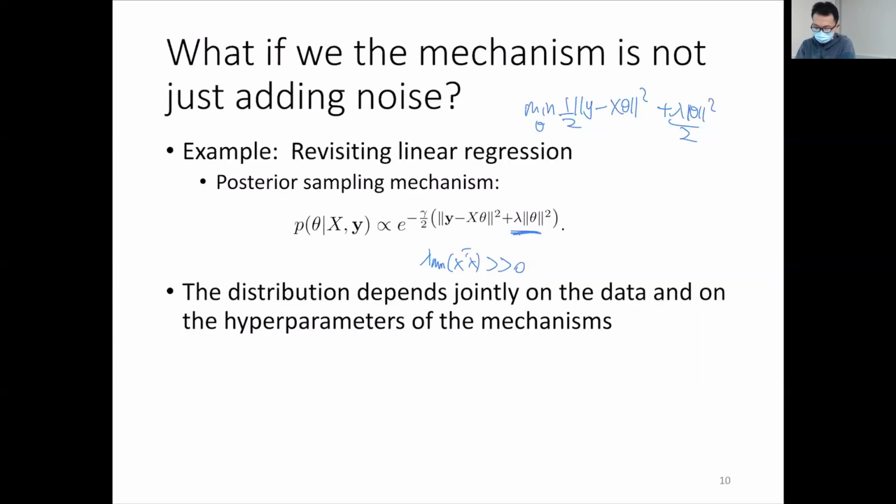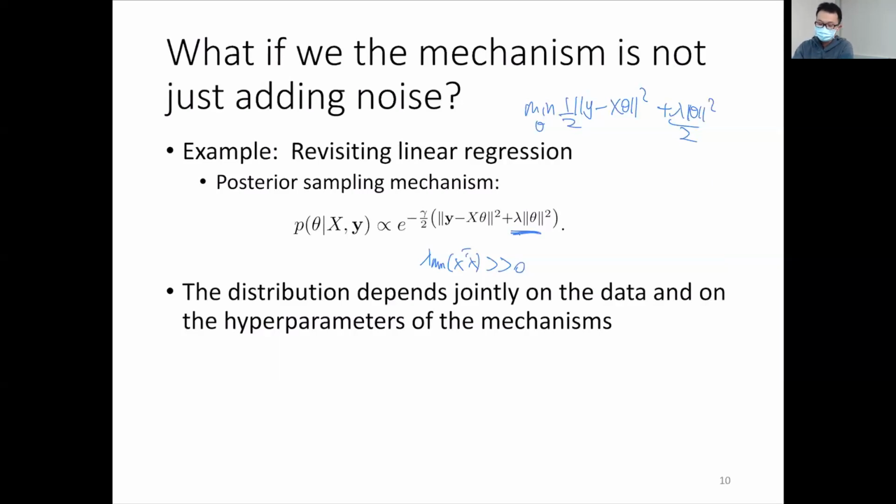Okay, so clearly this is not a noise adding mechanism, right? We're sampling from a posterior distribution, and there are two parameters, gamma and lambda. It's not really that we are adding noise according to some sort of local sensitivity. In particular, we're not deriving the local sensitivity at all.